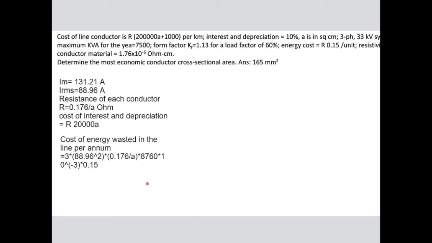So what is the answer? You will find out. I'll have to correct the answer again. It's written 165 there. I'll have to correct this one. So cost of energy wasted is how much in this case?